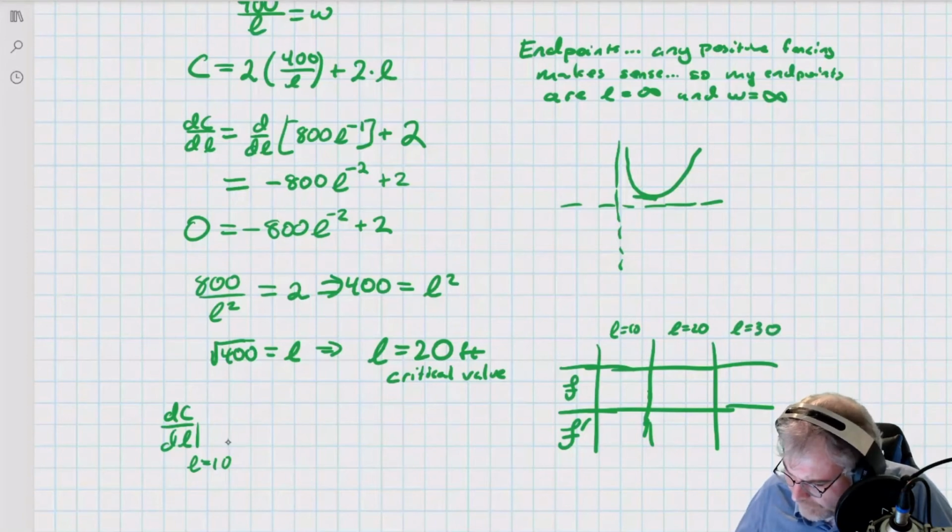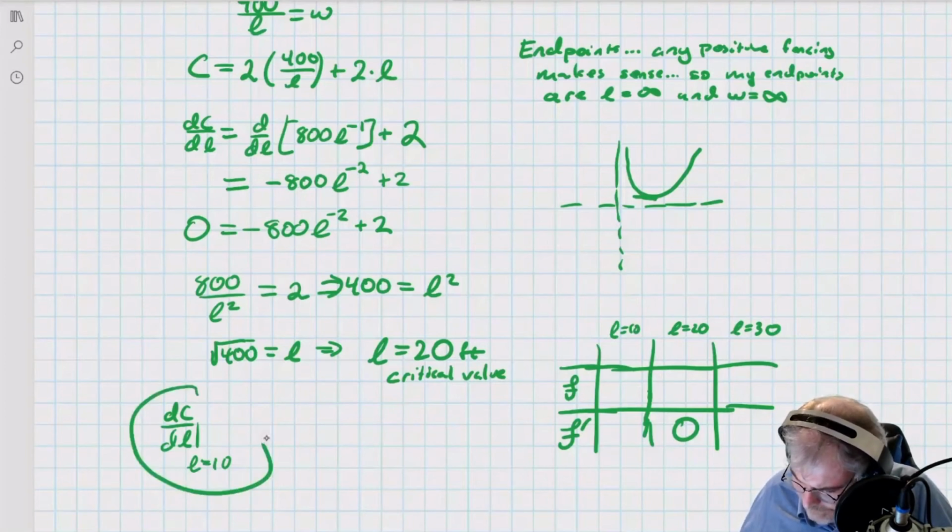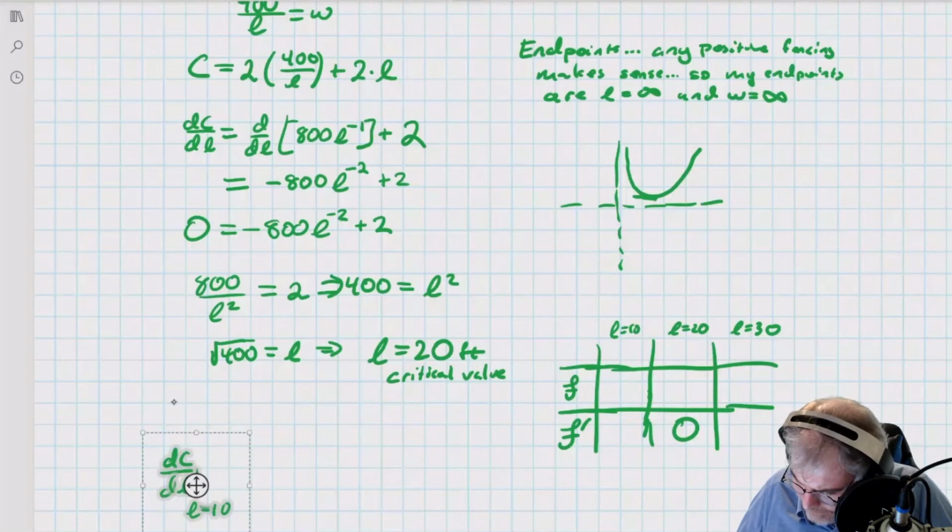So my derivative here, and I know the derivative is 0 here. Now, when I take L as 10, I have negative, this is my derivative here, right? So I'll just write that here. So my derivative, dC over dL, I'm just going to write it again, but I'm going to simplify it.